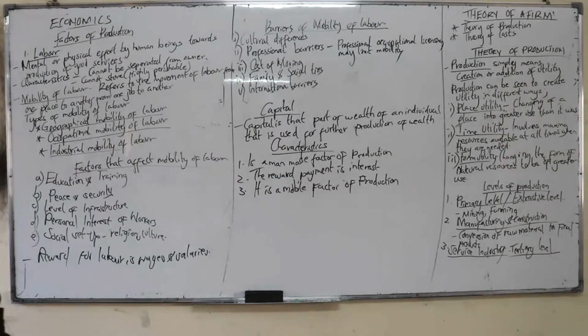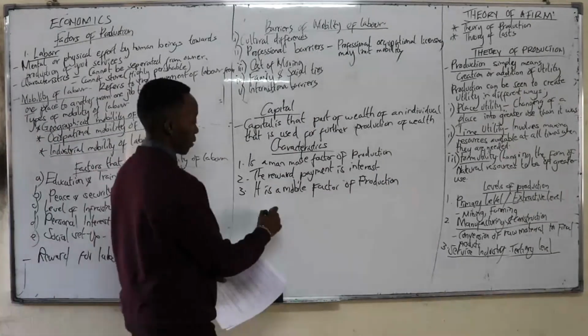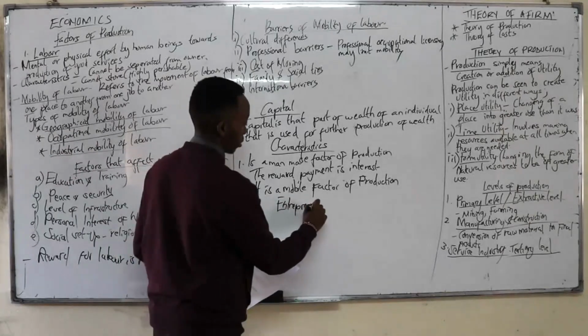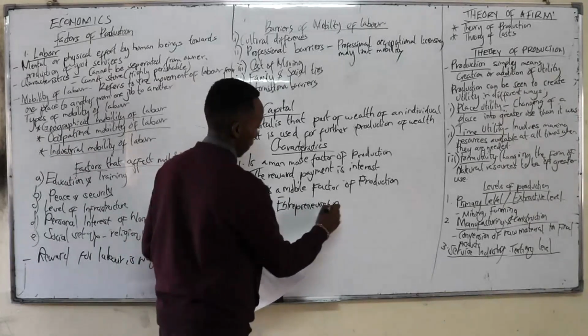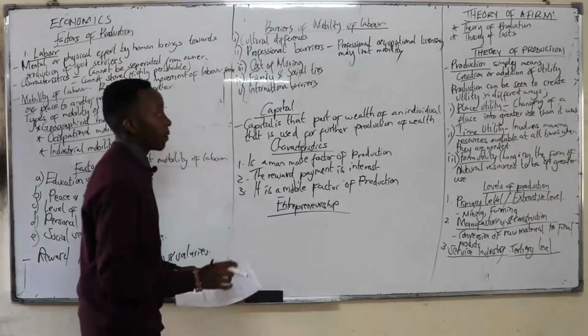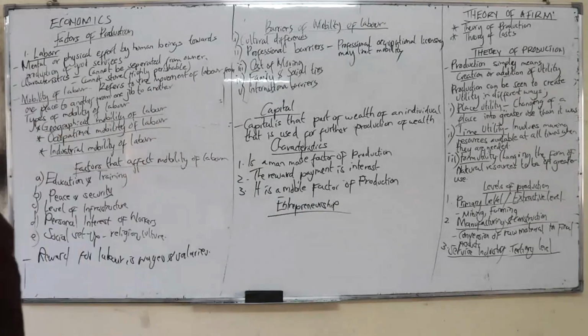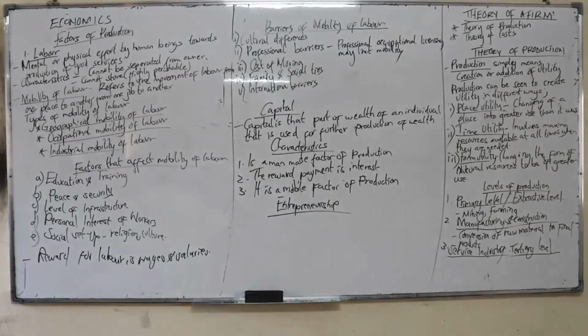So the other factor of production is what we call entrepreneurship. Entrepreneurship means where you come up with new ways of, or the ability to, organize the factors of production to maximize on an opportunity.